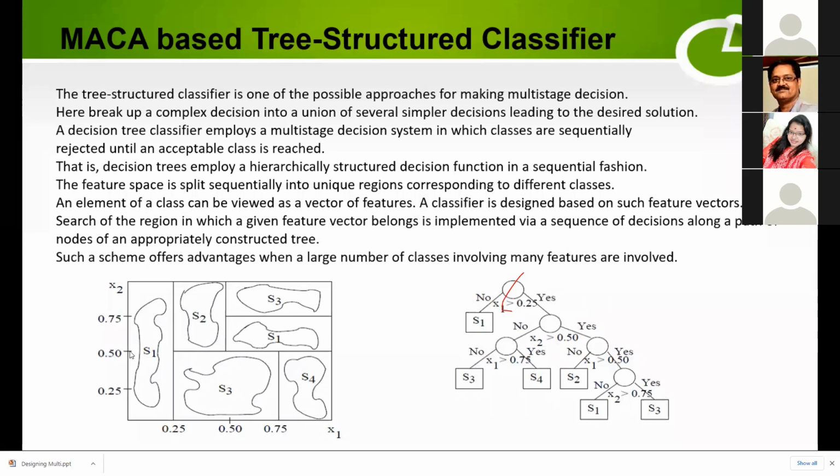Now, based on this state line, this one is over. Based on the value of x2, again we divide our state space, checking whether the value of x2 is greater than 0.5 or not. If it is greater than 0.5, then the data can be from S2 or S1.